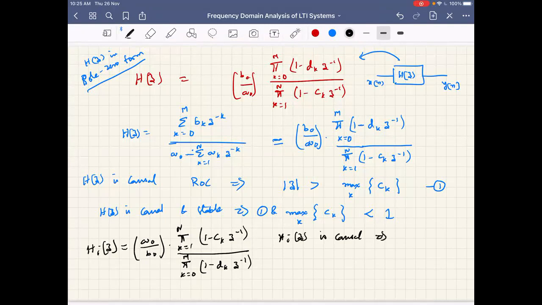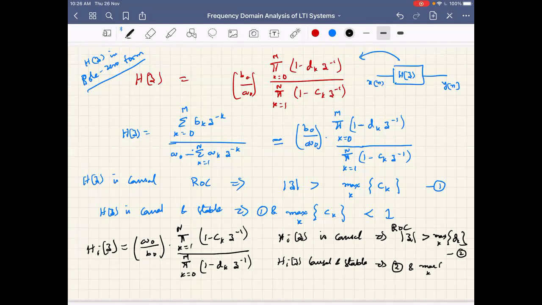Hi of z is causal implies, what should happen? The ROC is mod z greater than the maximum of dk. And Hi of z being causal and stable should imply what? Condition 1, let this be condition 2 here, and what else?